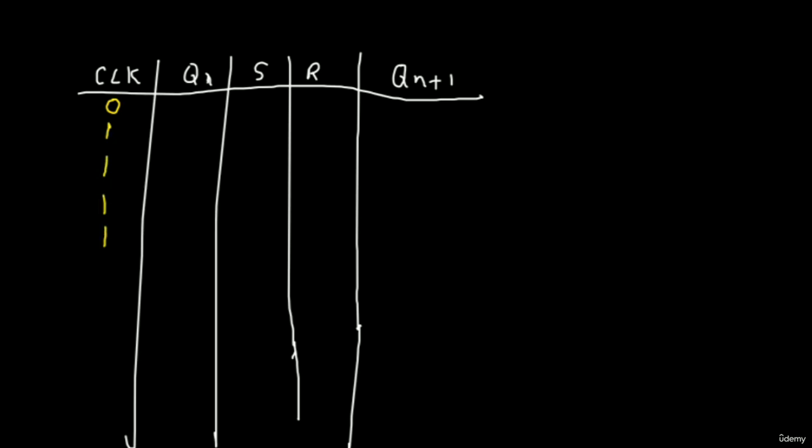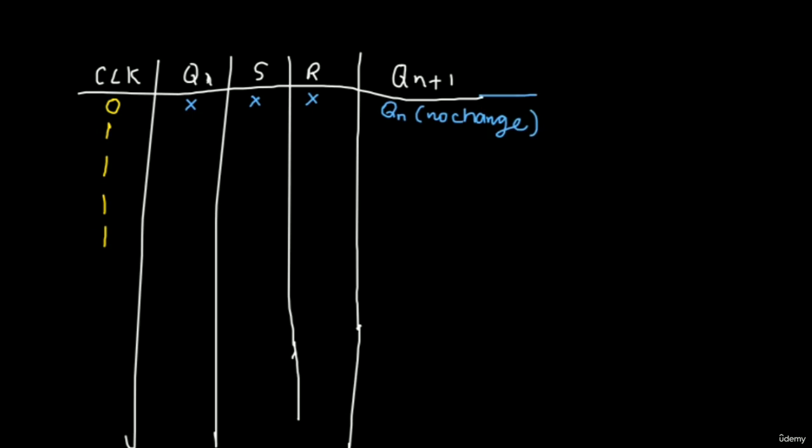So this is not active, this is not active, this is not active, and this will not change. So this will remain Qn, or no change. Because of a simple thing: the clock is not active, so nothing is going to work, right?